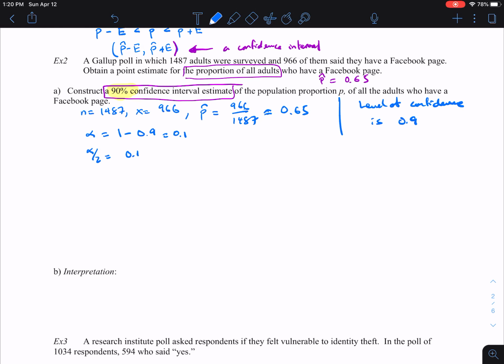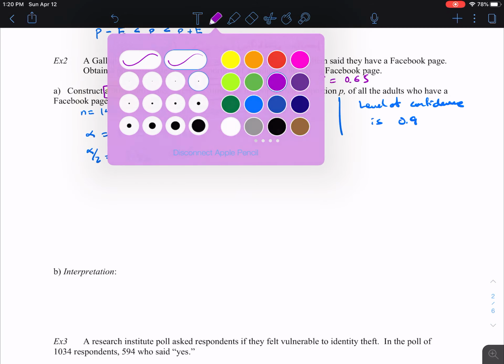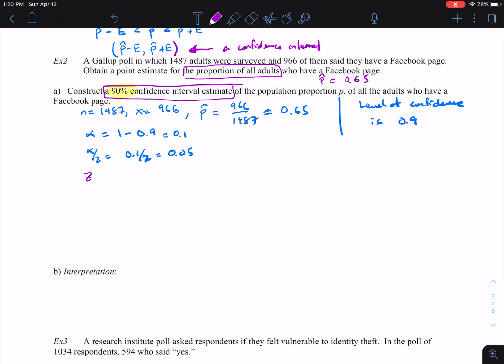That is just 0.1 divided by 2, which is 0.05, 5%. Then you want to look at the critical value. The critical value is z sub alpha over 2, which is equivalent to z sub 0.05. If you use the z table and look this up, it comes out to be 1.65. So that's the first thing you do: list out all this information.